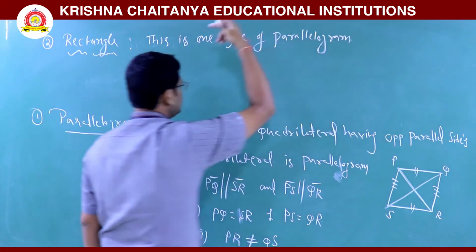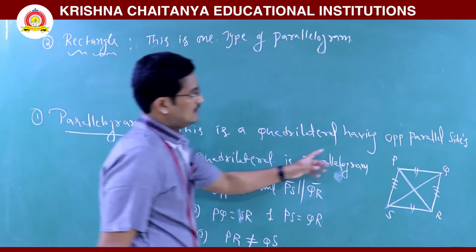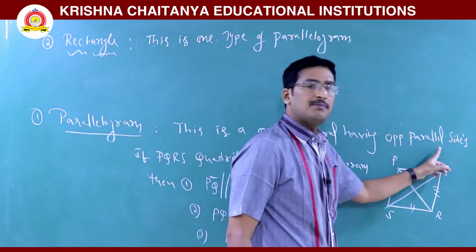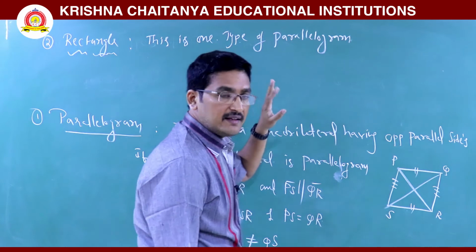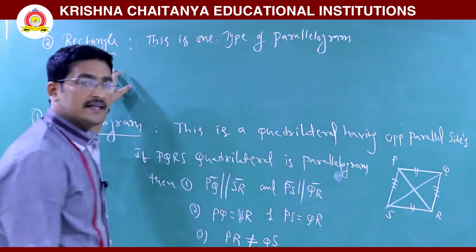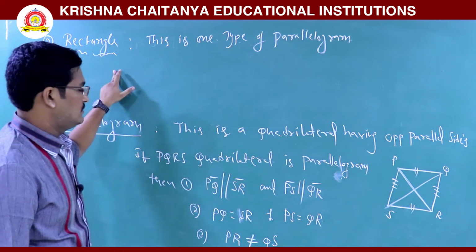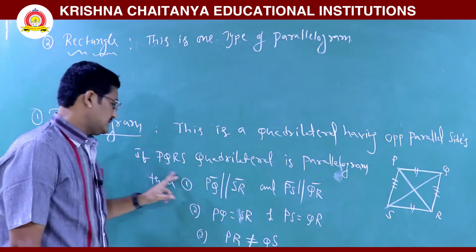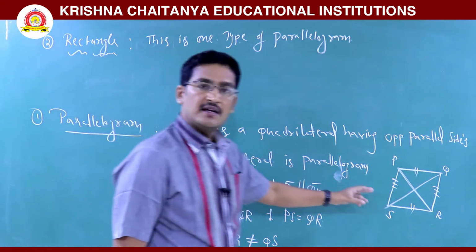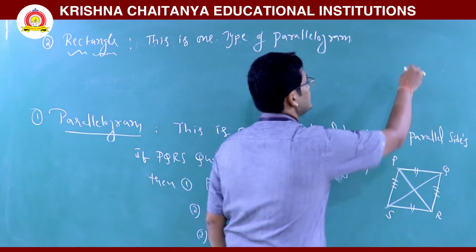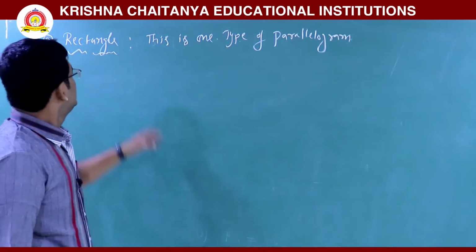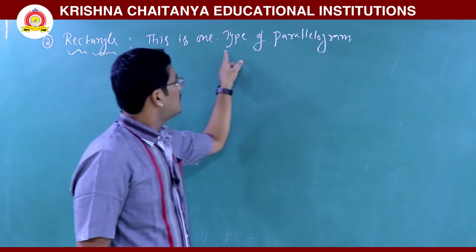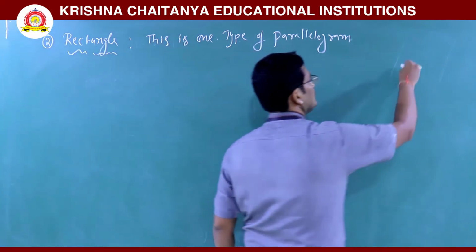That means it has opposite parallel sides. But where this quadrilateral is said to be rectangle, let me explain now. Suppose I am taking in the same way, PQRS is a quadrilateral.